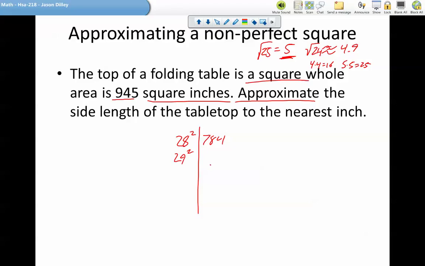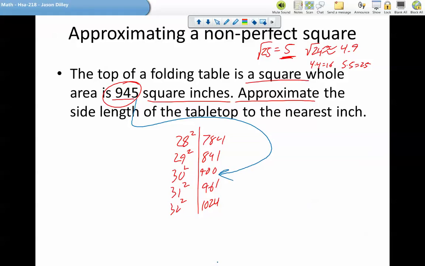So 28 squared is 784, 29 squared is 841, 30 squared is 900, 31 squared is 961, and 32 squared is 1024. If we were trying to approximate this value, we're going to need to know where it kind of falls within the squares. 945 is going to put us right in between there.